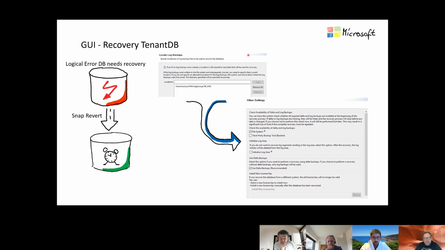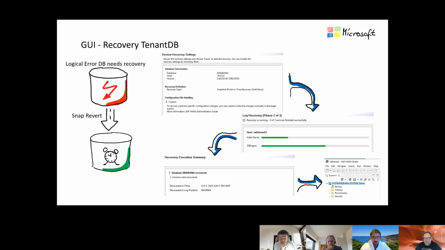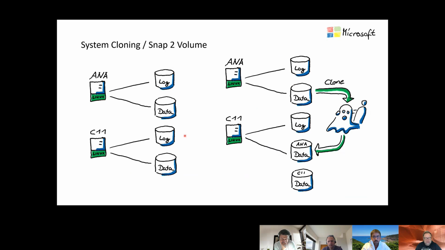Then log backups, same as what we have done before, and you are kicking off that process as well. So it is basically the same as what we have done on the command line, only now with graphical handling. That is done. That is the recovery part.